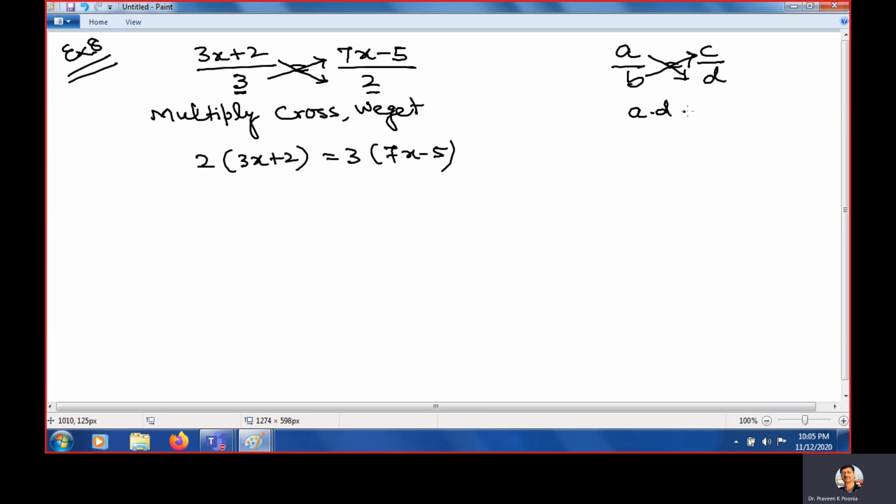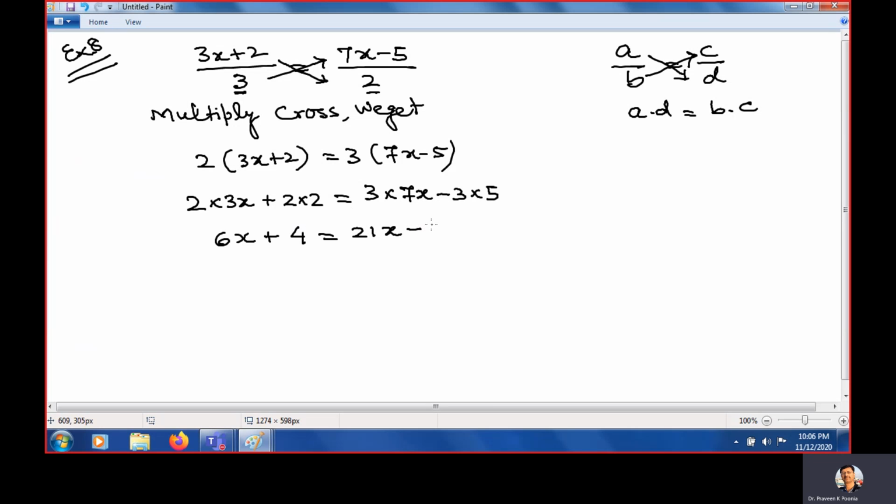So a into d is equal to b into c. This is the rule. Okay. So multiply here: 2 times 3x plus 2 times 2 equals 3 times 7x minus 3 times 5. Okay, 2 times 3x is 6x. 2 times 2 is 4. 3 times 7x is 21x minus 3 times 5 is 15.